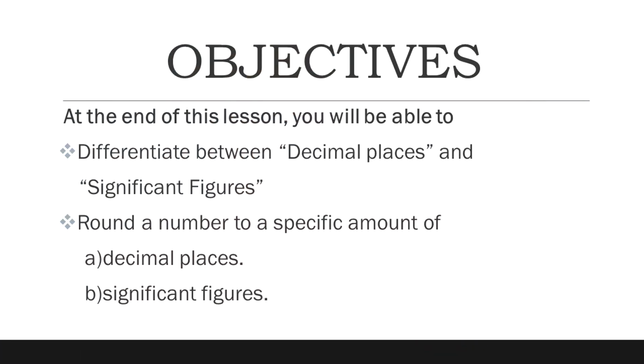At the end of the lesson today, you will be able to differentiate between decimal places and significant figures or significant digits. You'll be able to round a number or round off a number to a specific amount of decimal places or a specific amount of significant figures.